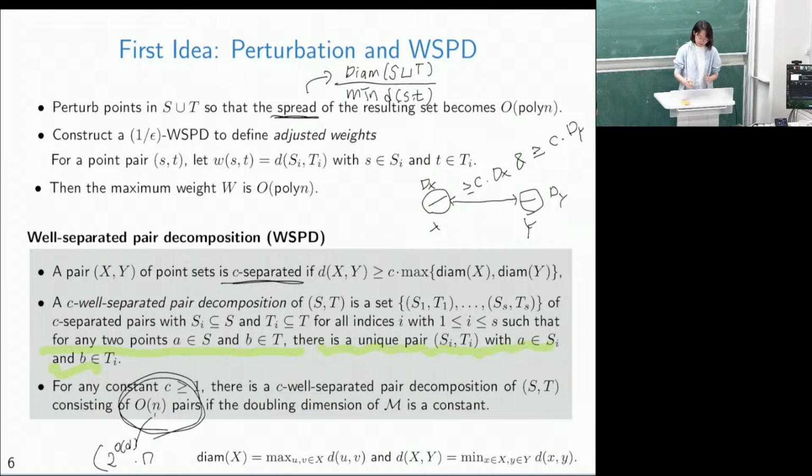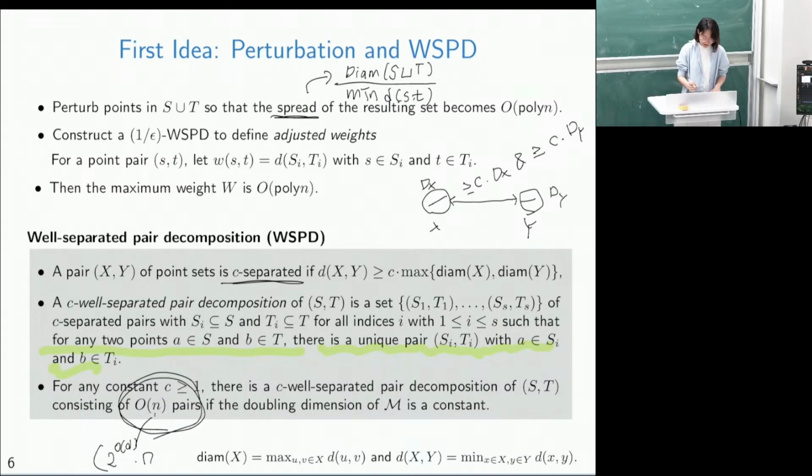Okay, then using well-separated pair decomposition, we can define this adjusted weight. That is, for any point pair from the input point sets, we let their adjusted weight be the distance between S_i and T_i. And because there exists a unique pair covering this point set, this weight is well defined.